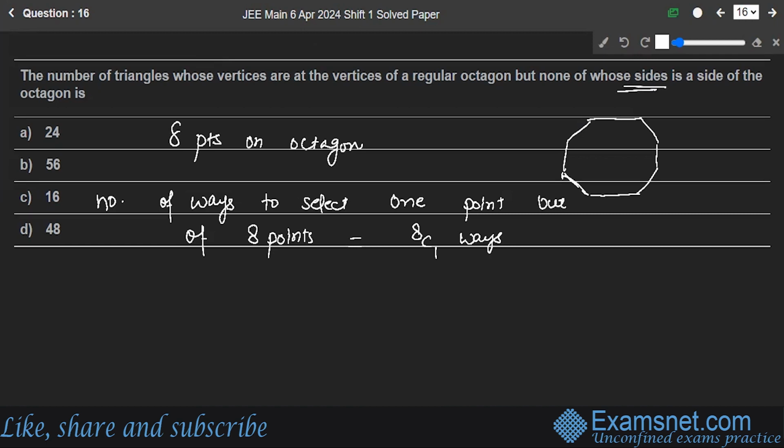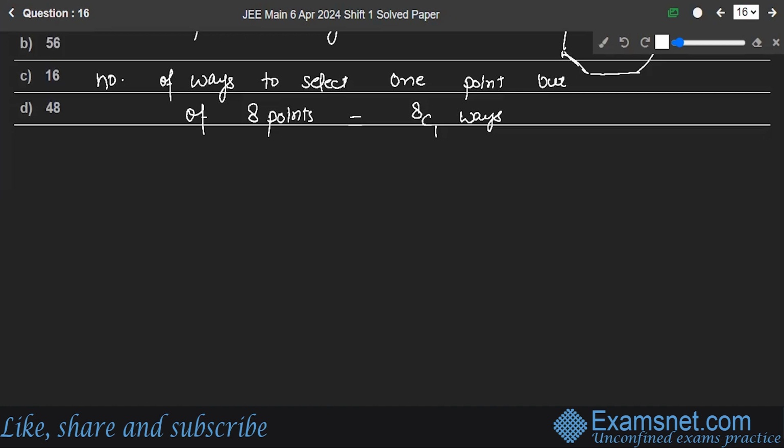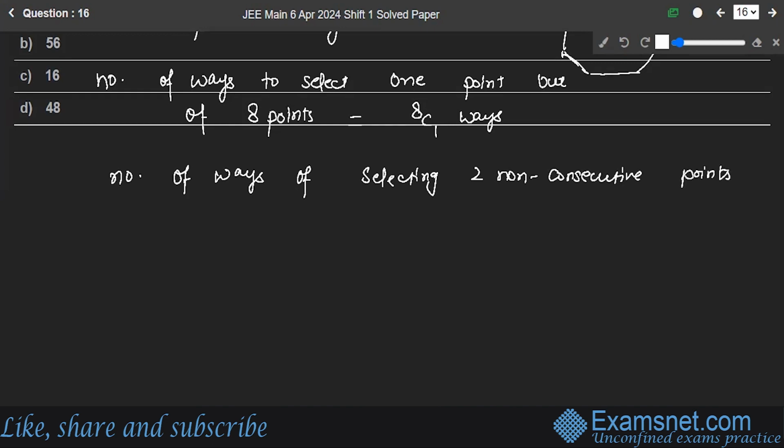Now, the total number of ways of selecting 2 non-consecutive points, because it is said in the question, none of whose side is the side of the octagon, out of the remaining 5 points. Now, why the 5 points?